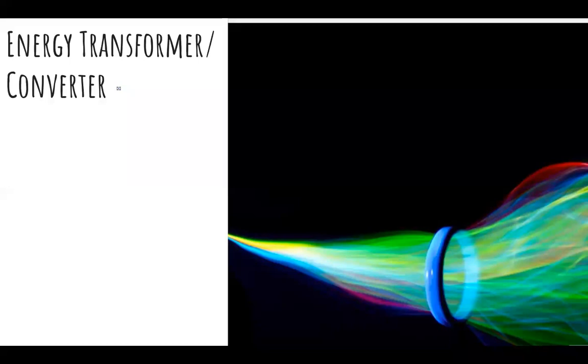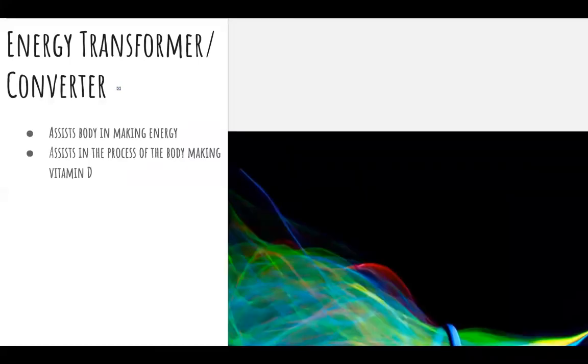Number 3, energy transformer and converter. For the cells to function and even work, they must have energy. And that energy is gotten from 2 sources: ATP, adenosine triphosphate, or cytoplasm.